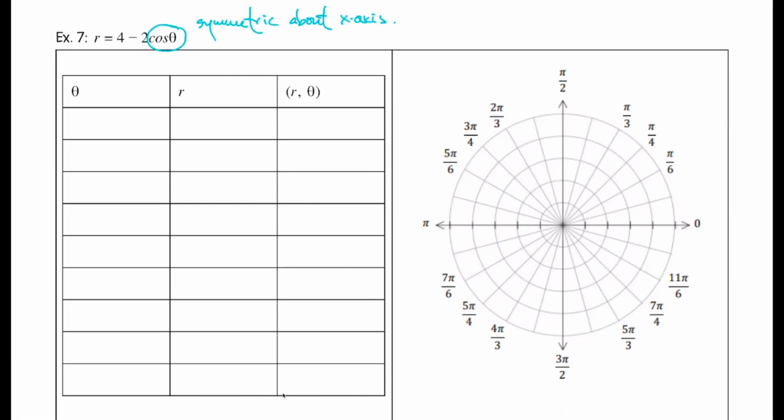Now we can also think about the A over B ratio. The ratio is going to be 4 over 2, and that's going to be 2. So from our ratio, which one of those 5 shapes from above should we anticipate here? This ratio is going to give us a convex limacon.